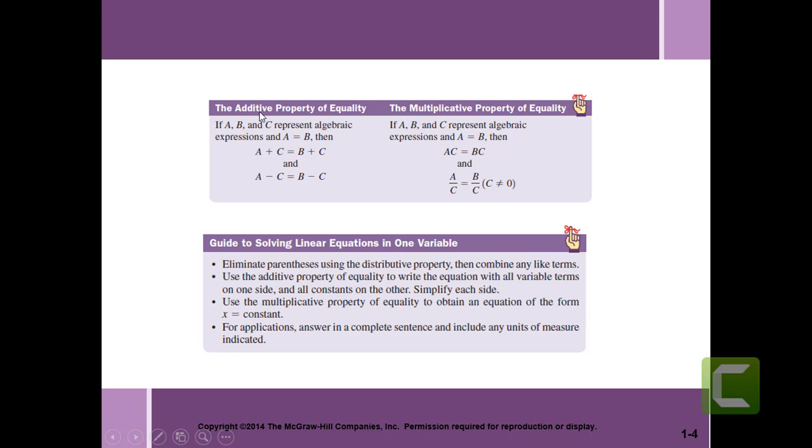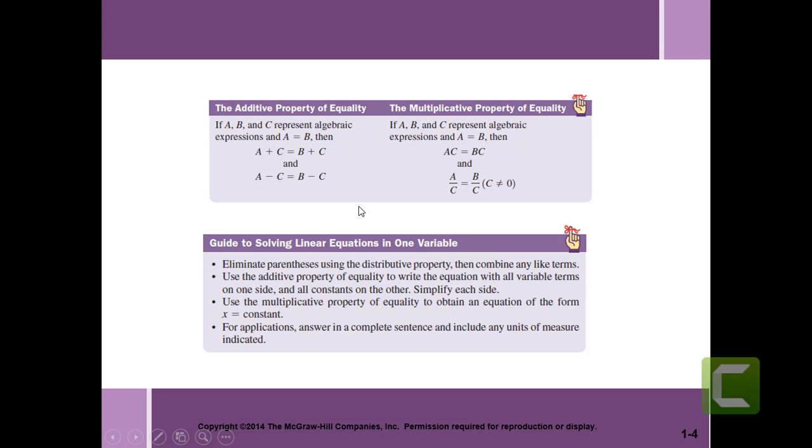So if A, B, and C are algebraic expressions, and A equals B, then A plus C is equal to B plus C, and A minus C is equal to B minus C. And then the multiplicative property of equality says that, again, if A, B, and C are algebraic expressions and A equals B, then AC equals BC, and A divided by C is equal to B divided by C, as long as C is not equal to 0, of course.